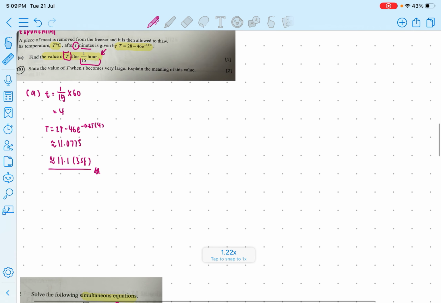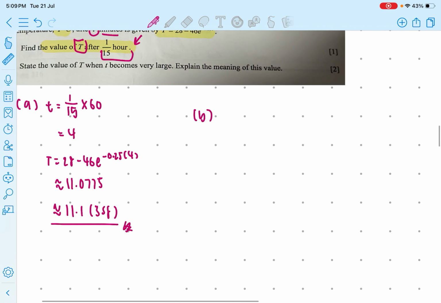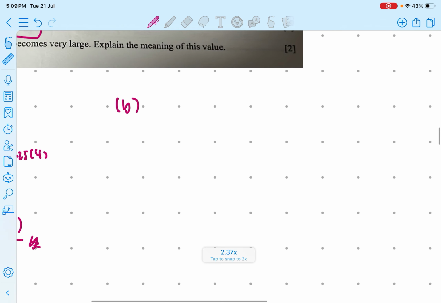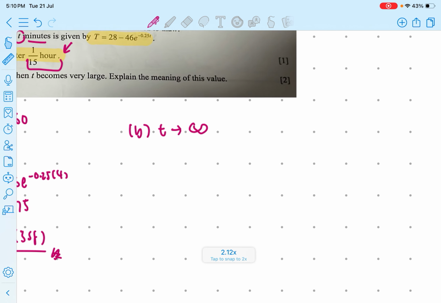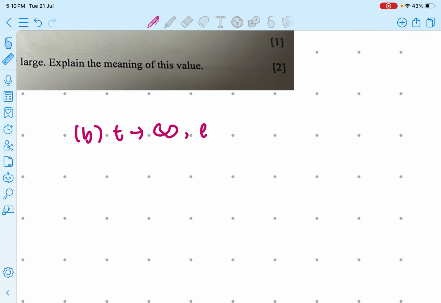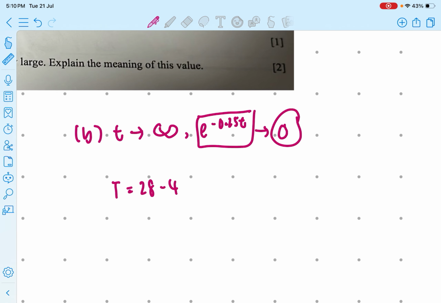In this case, as t approaches infinity, because technically time is infinite and can go on as long as possible, the exponential term e to the power of negative 0.25t approaches 0. So we substitute that into the equation: 28 minus 46 times 0, and you get 28 again.